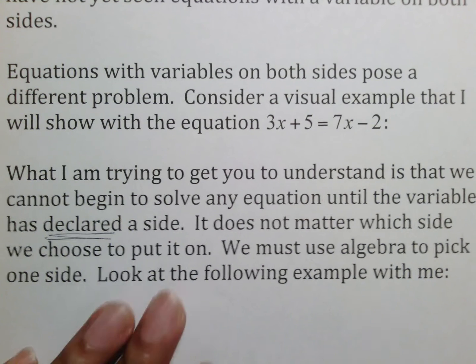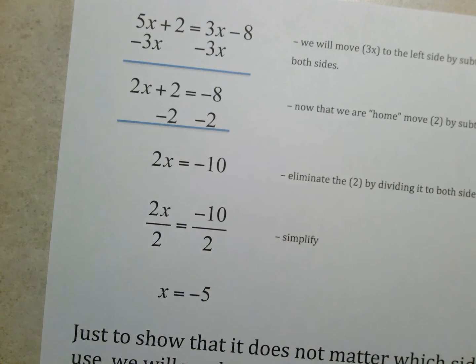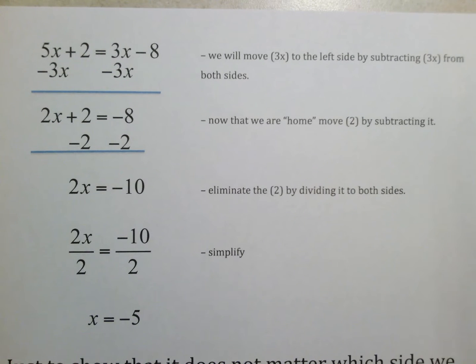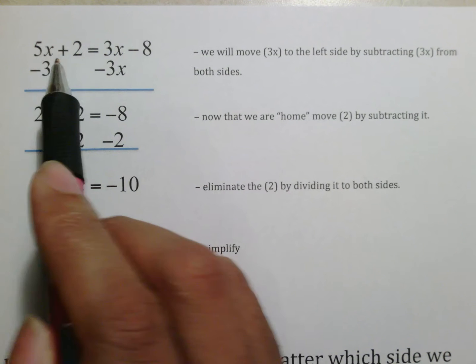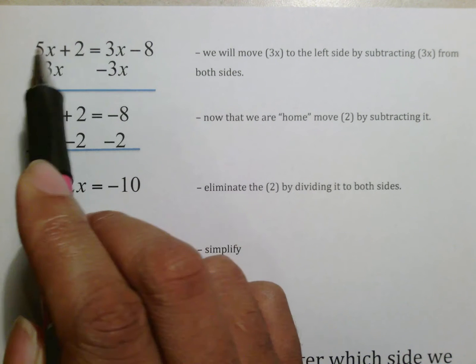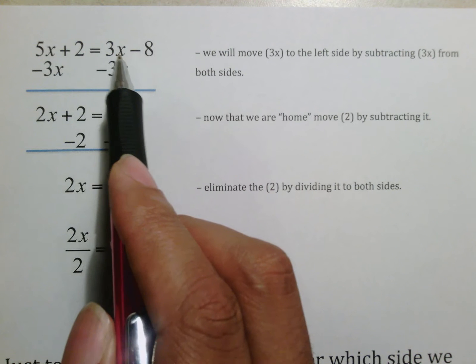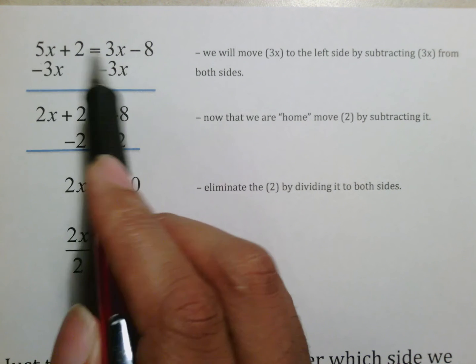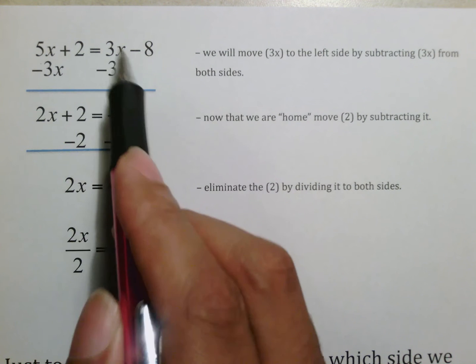So let's look at an example real fast that is on your notes as I talk through everything that is there. And yes, this writing is small, but it's so that you can read along on your notes anyway. If you had 5x plus 2 equals 3x minus 8, again, you have to declare a side. So I'm just going to move this 3x to that side. And the way we send something to the other side, remember, is by sending its opposite.